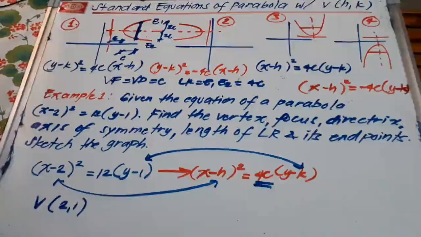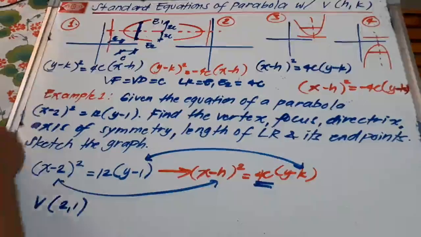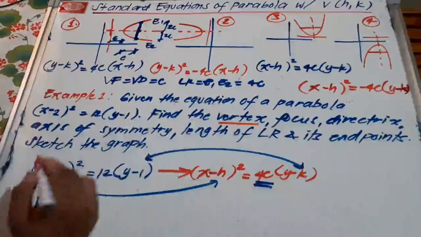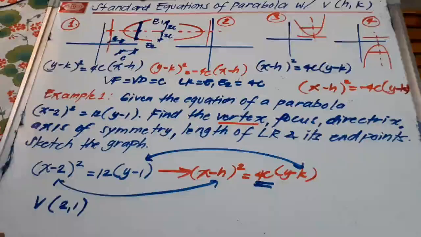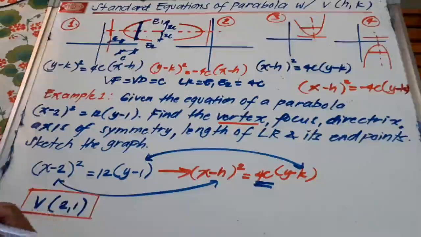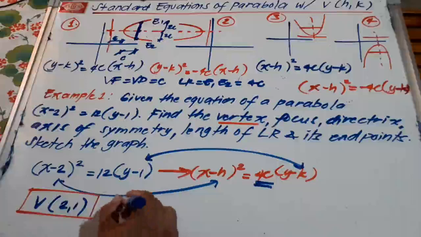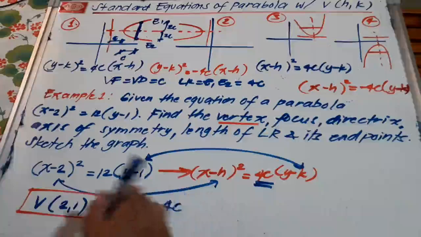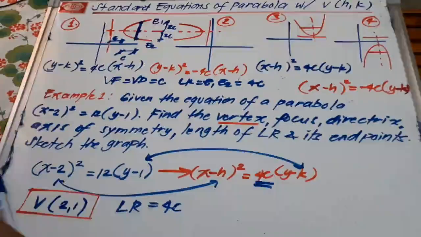Okay? So, nasagot na natin yung isang tanong doon sa problem. Nakuha na natin ang location of the vertex. Okay? Isa. What else? The length of the latus rectum is 4c. Therefore, LR is equal to 4c, which is equal to 12.